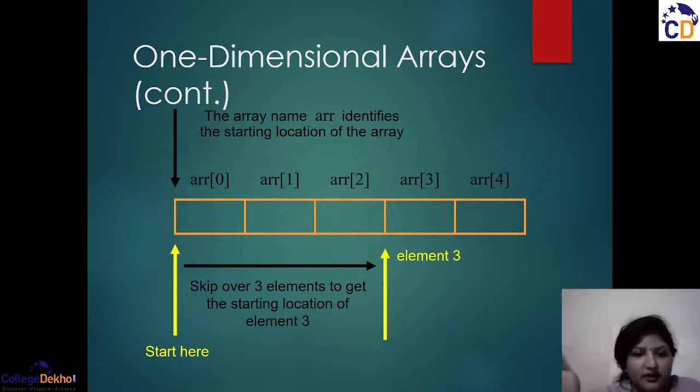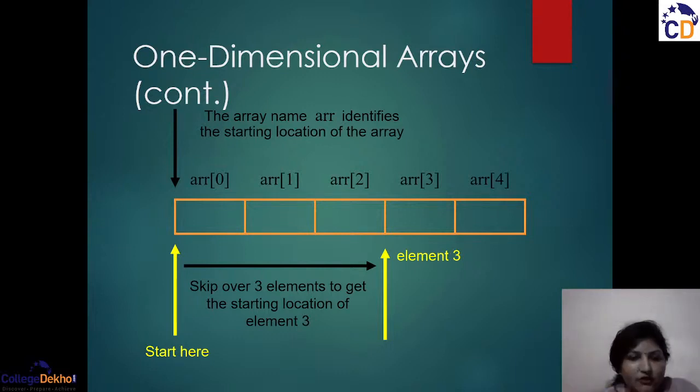Like the example of your house: you have one room, then behind that one room, then behind that one room, then next to that is one room. This is how an array is also maintained. It is not like one room is here and some other room is somewhere else. No, it is in one direction.